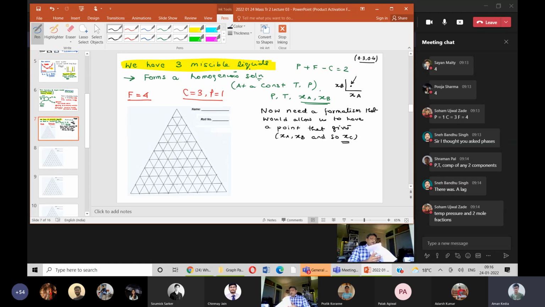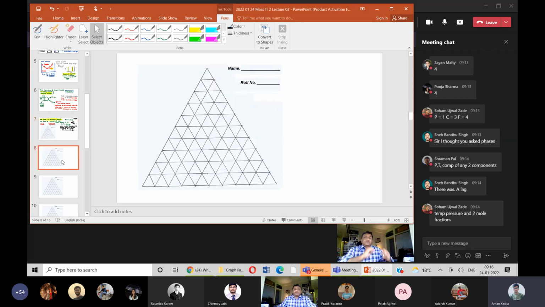And this is why we need to learn the so-called triangular plot. So now let's go to this graph and start afresh. This is actually an equilateral triangle, and what has been done is that every side has been divided into 10 equal intervals.